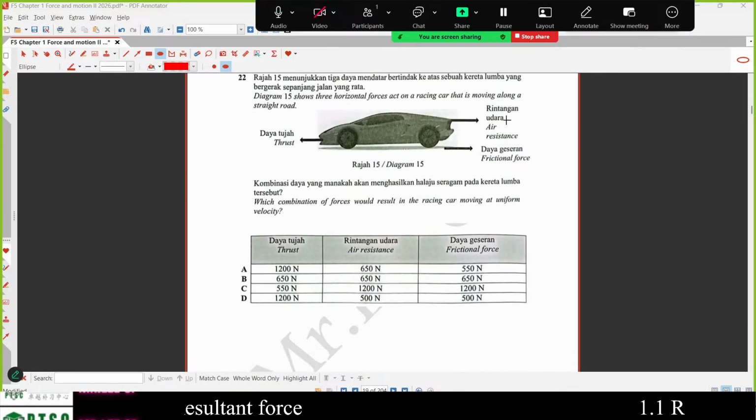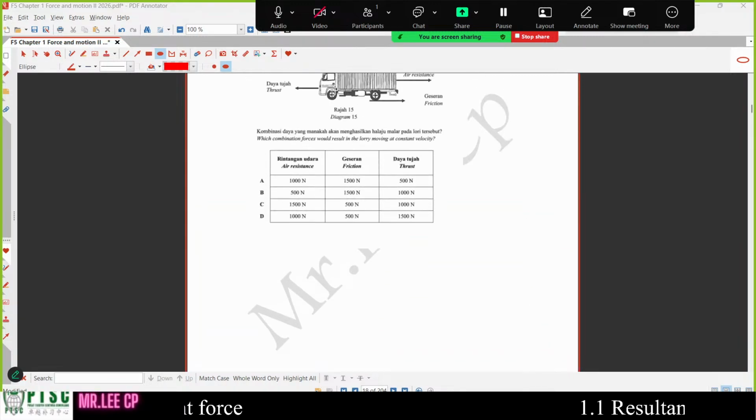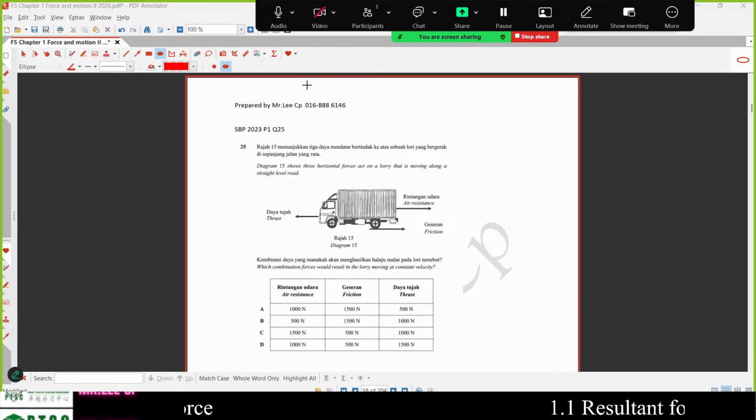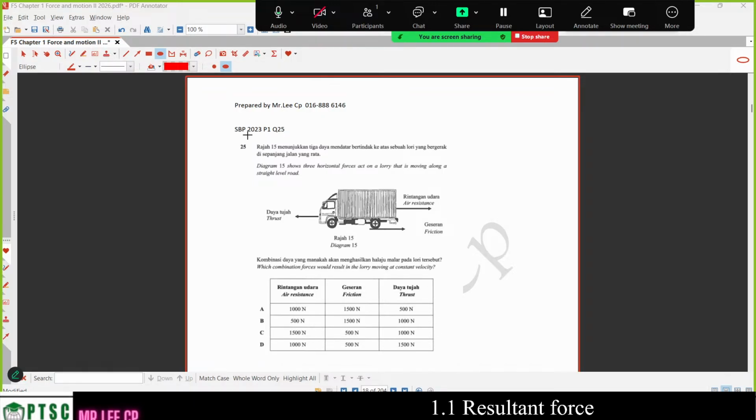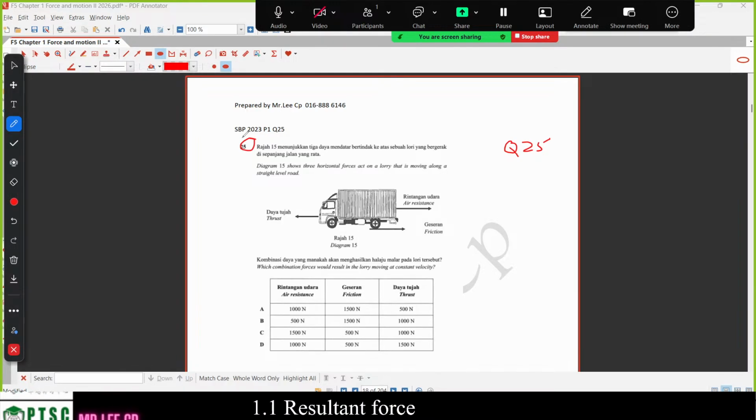Okay, I let you try to do some questions. We rest for like 5 minutes. Normally after 1 hour, I give you a rest for a few minutes before we continue. So we rest for 5 to 10 minutes. If you don't want to rest, you can try to do question number 25.